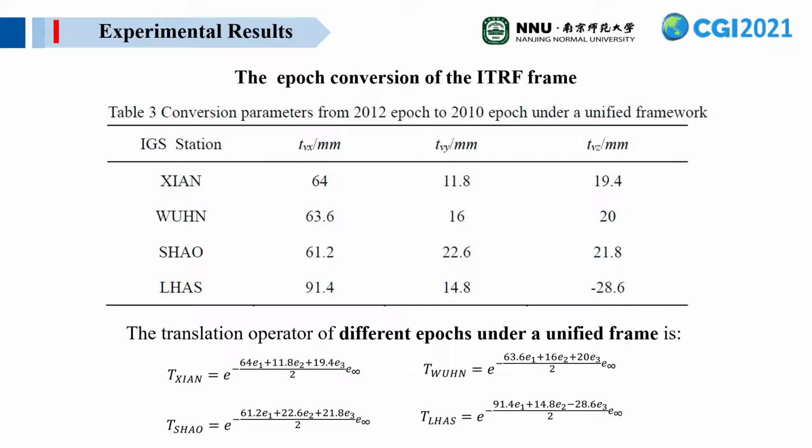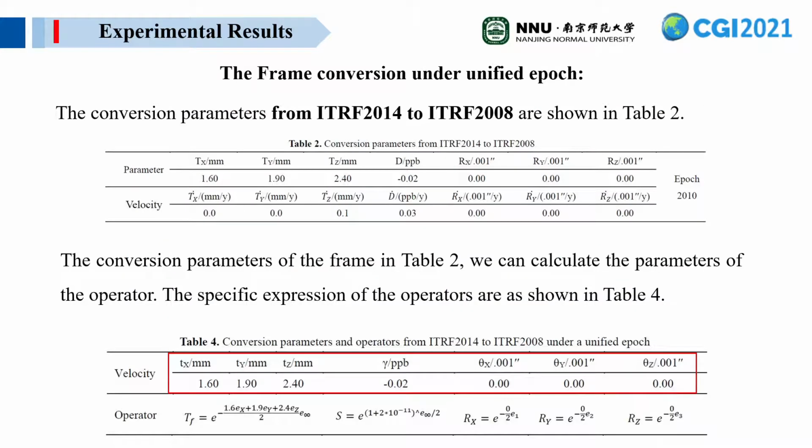The epoch conversion of the ITRF frame is determined by the specific station, as shown in Table 3. The translating operator is as shown in the formula. As for the frame conversion on the unified epoch, the conversion parameters are shown in Table 2.